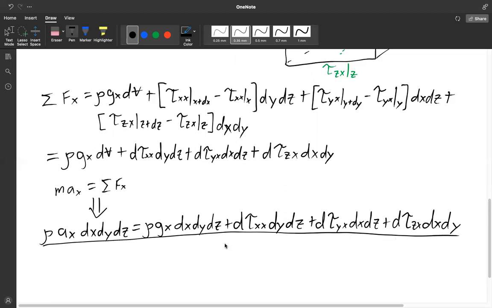We can divide this whole equation by dx dy dz.